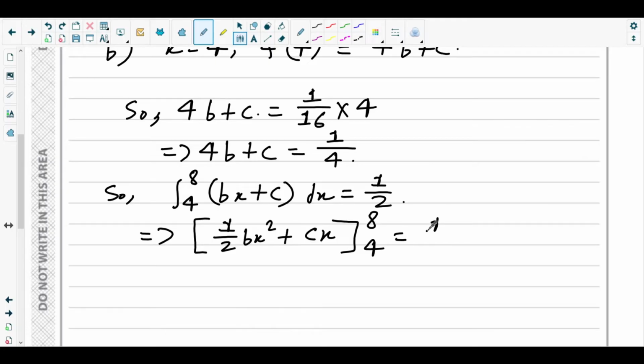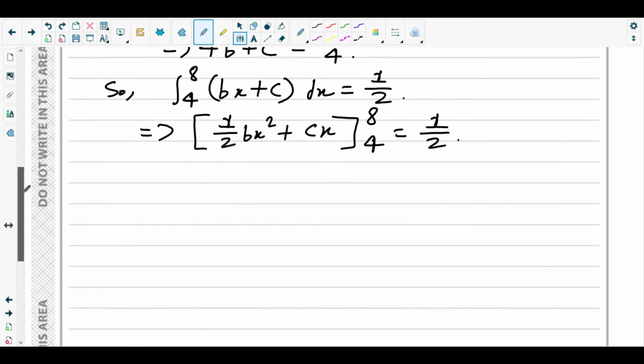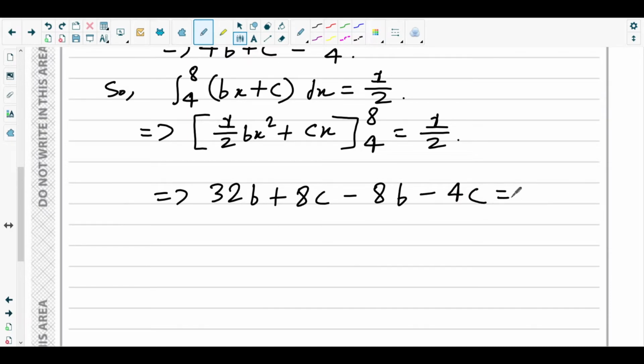If you put the upper limit in, 8 squared is 64 over 2, which is 32b plus 8c, right? Minus 4 squared is 16, so 16 over 2, this is 8b minus 4c, and this equals half, right?